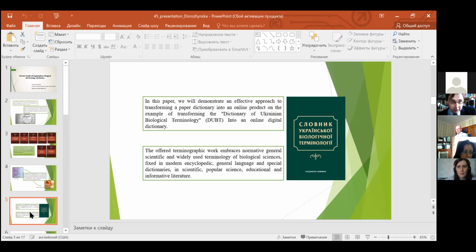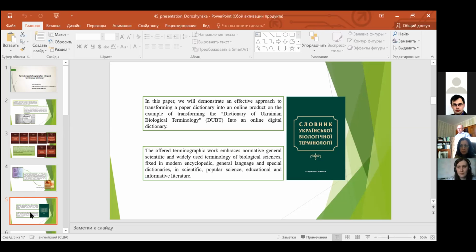In this paper, we will demonstrate an effective approach to transforming a paper dictionary into an online project, using the example of transforming the dictionary of Ukrainian biology terminology into an online digital dictionary.